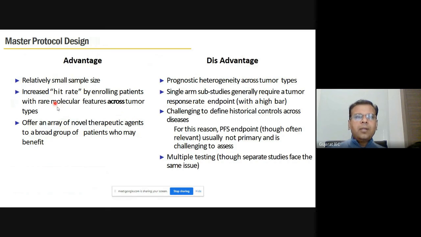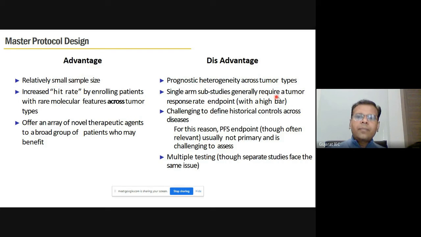So they have a good advantage because of the small sample size, and the hit rate, I mean either you fail or you pass, is really high because of the small sample size. If it doesn't work, you just scrap that particular arm. The disadvantages are equally there: it is definitely a challenging and difficult study to execute.